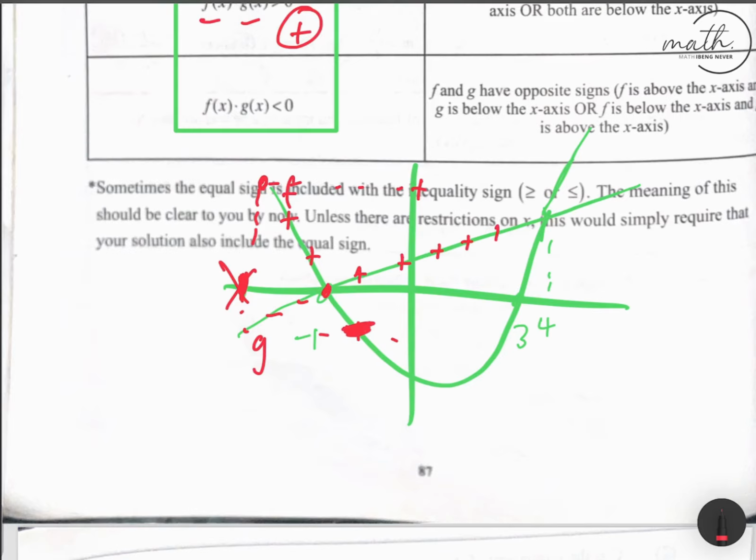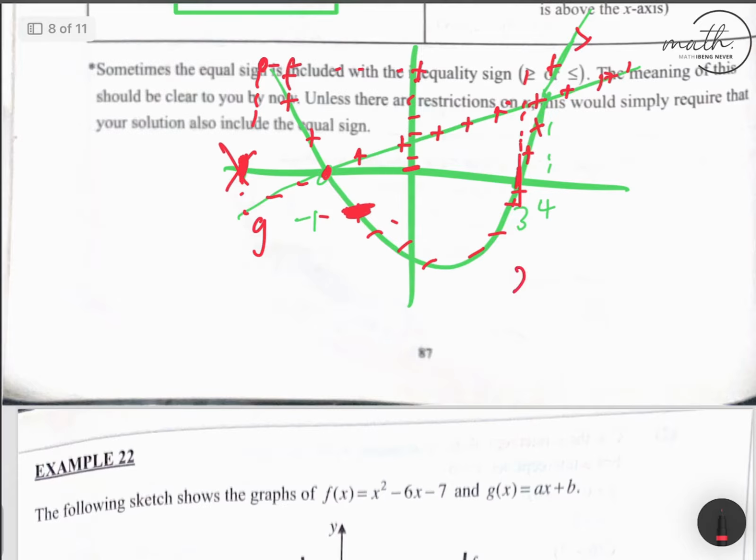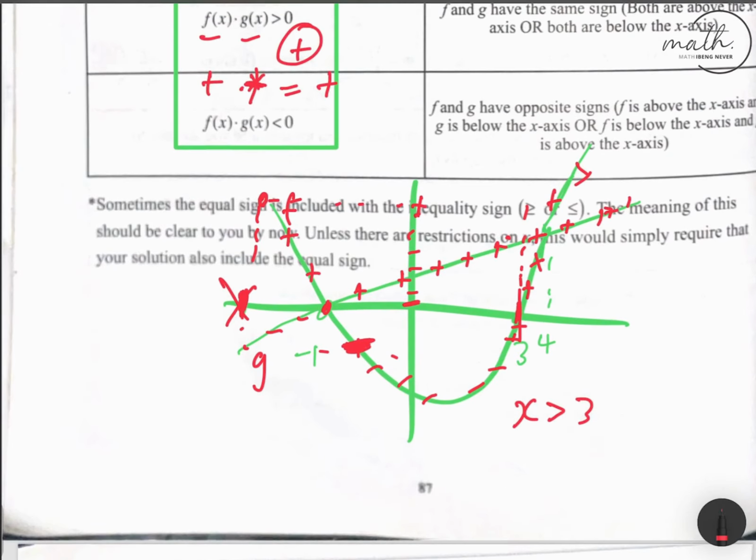Then positive, positive, because we're above this, the y's are positive. Then negative, negative. After here, positive. So everything is positive, positive times positive gives you positive. That means it's going to work. The answer will be x bigger than 3.